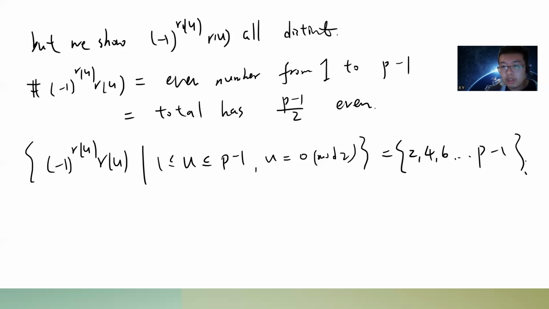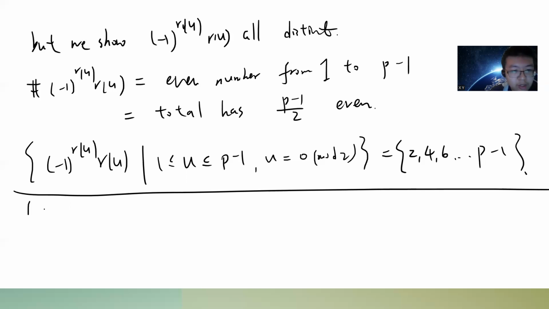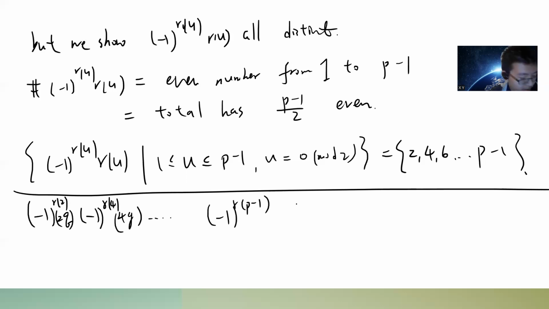Okay, so now I can consider the following products: -1 R of 2 times 2Q, -1 R4 times 4Q, and up to -1 R of P minus 1 times P minus 1 Q. Notice that, as I said, when I multiply by Q, I just shift 2, 4, 6 to another permutation, and I get -1 R of 2.